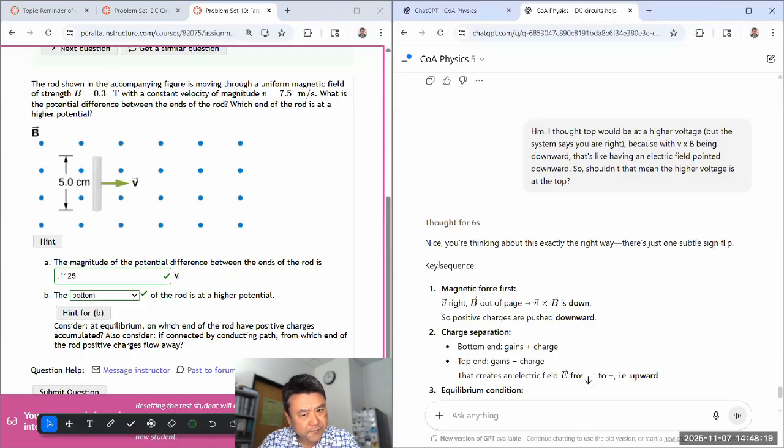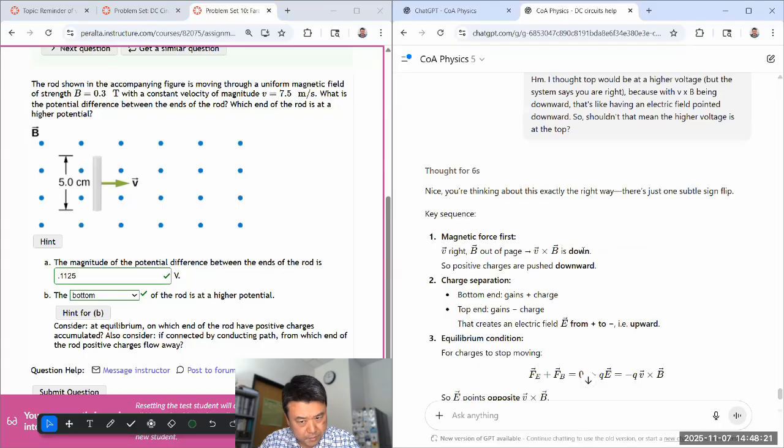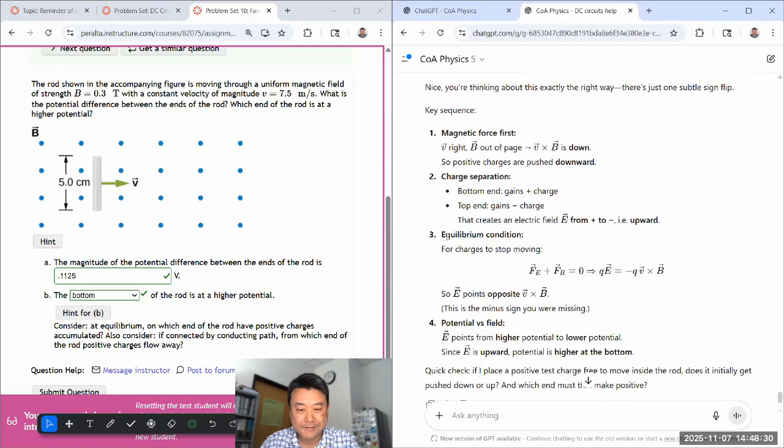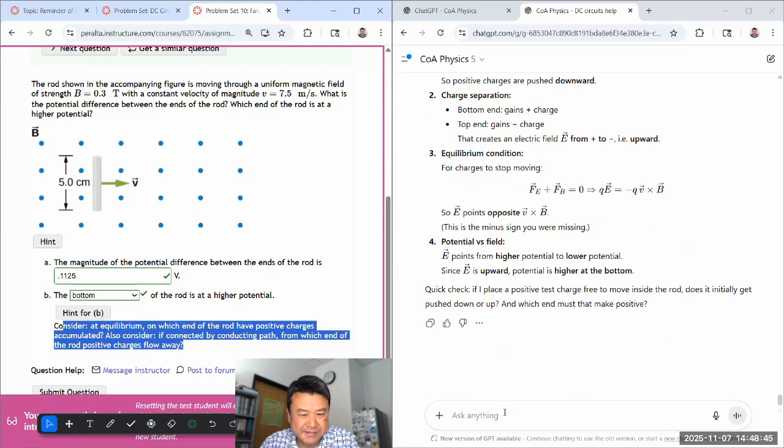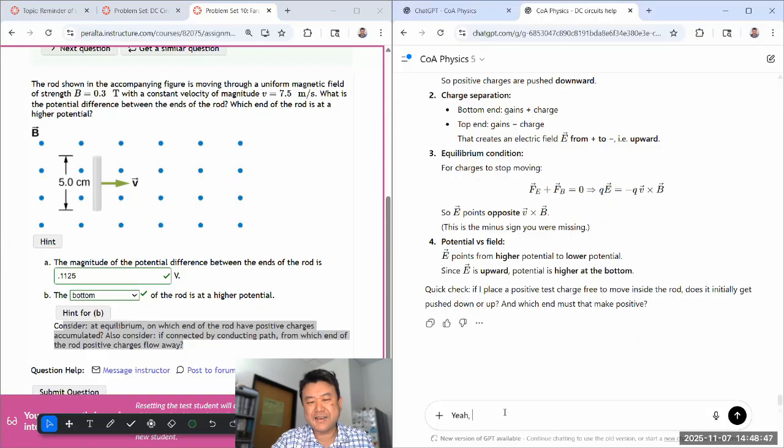Key sequence: magnetic force first, downward, charge it. Yeah, so if we are supposed to do charge separation, but why not the equilibrium condition? Yeah, that is exactly what I hinted. I wrote it before getting ChatGPT to say this: E points opposite to V cross B. Yeah, I think it's that part.